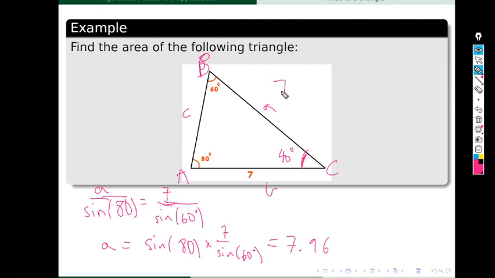This is 7.96. Now we have a side length and the angle between them, so we can use our area formula. It's half times the product of our side lengths, so 7 times 7.96 times sine of the angle between, sine of 40.